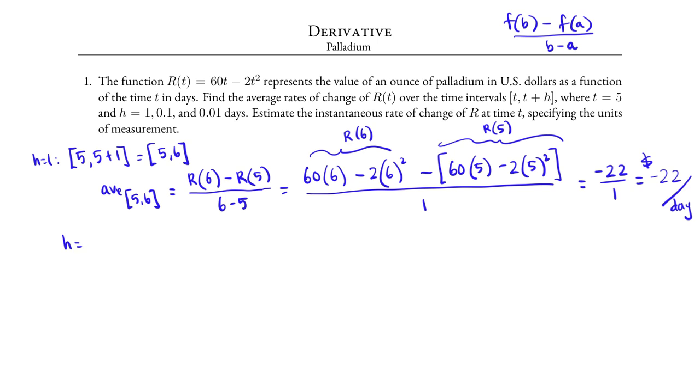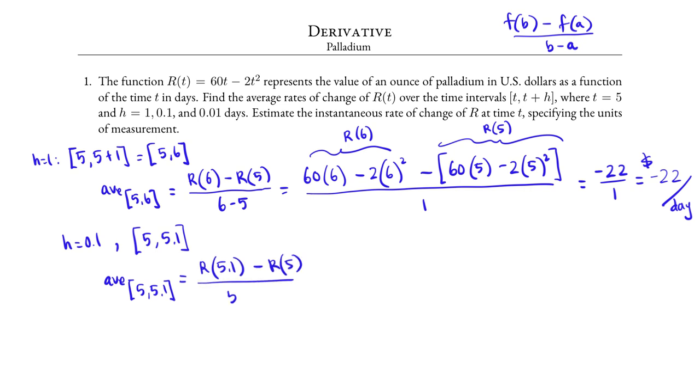For h equals 0.1, the interval is 5, 5 plus 0.1, which is 5.1. We simply write 5, 5.1, knowing that the increment is 0.1. And so the average rate of change over the 5, 5.1 interval is r of 5.1 minus r of 5 over 5.1 minus 5.